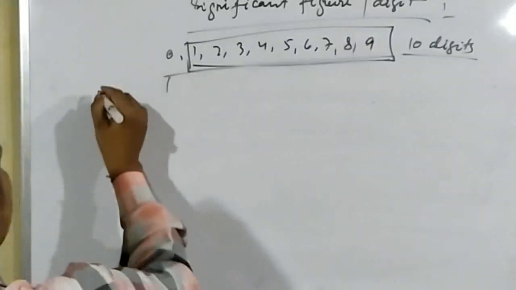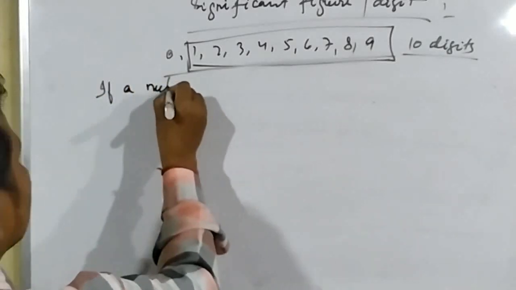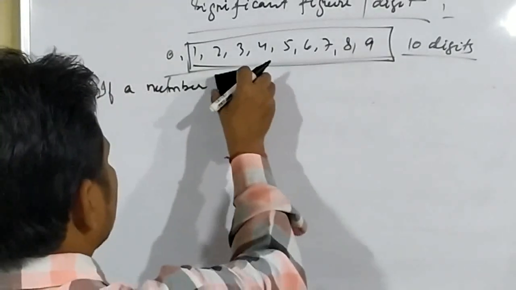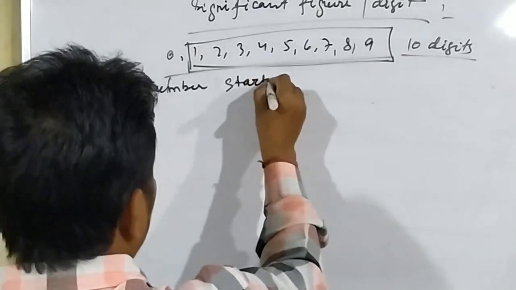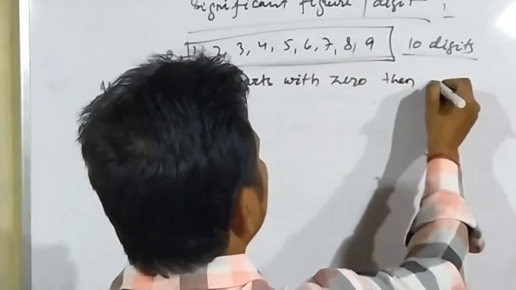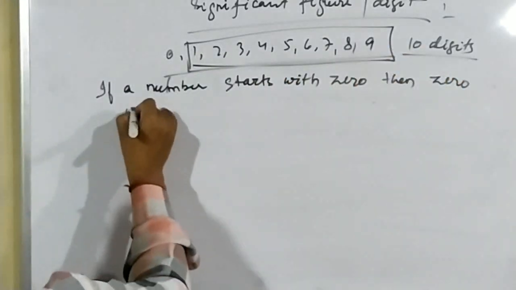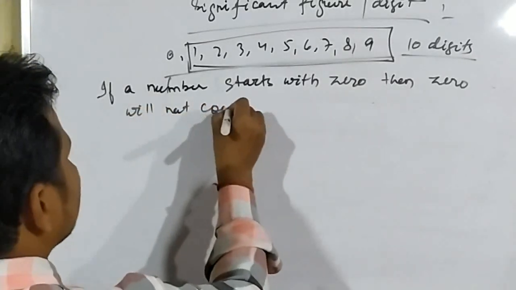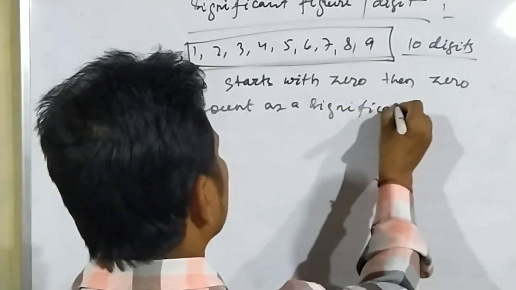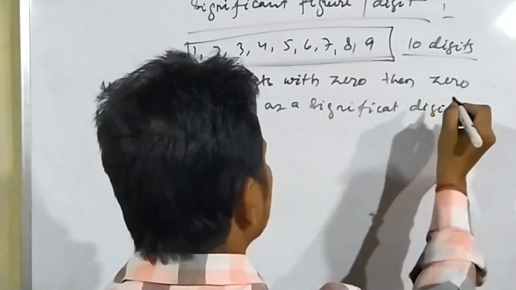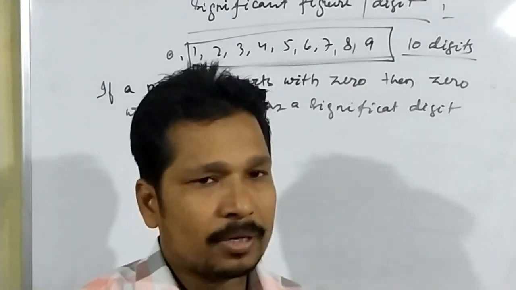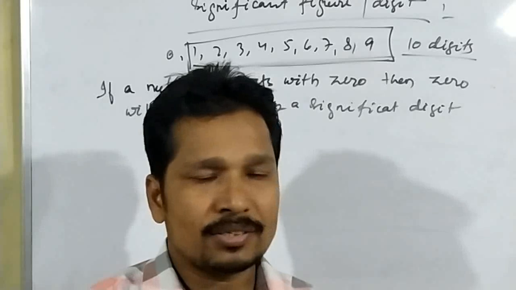So if a number starts with 0, then 0 will not count as a significant digit. If the 0 is present at the left side, or a number starts with 0, then we do not have to count 0 as a significant digit.